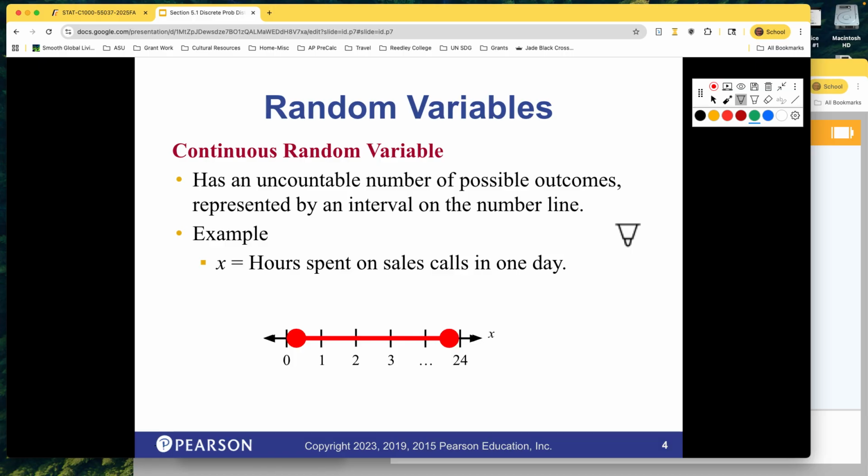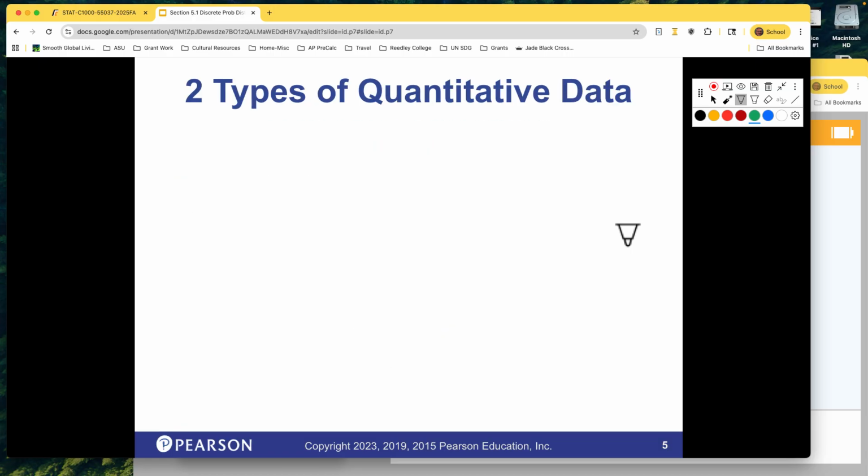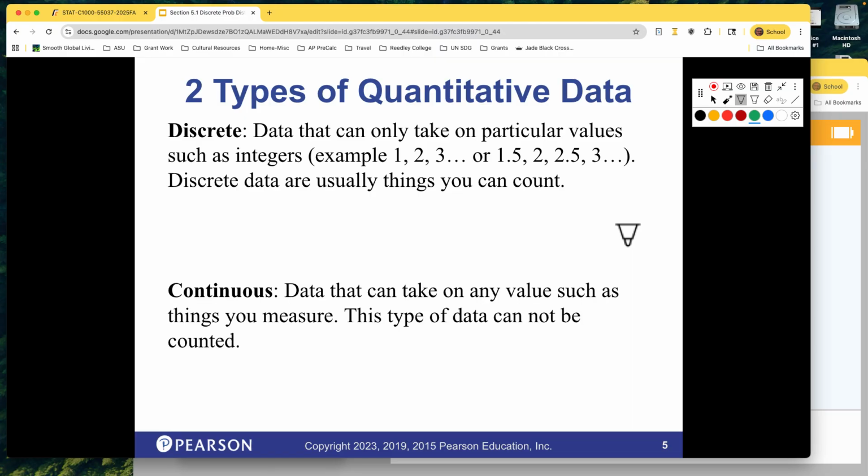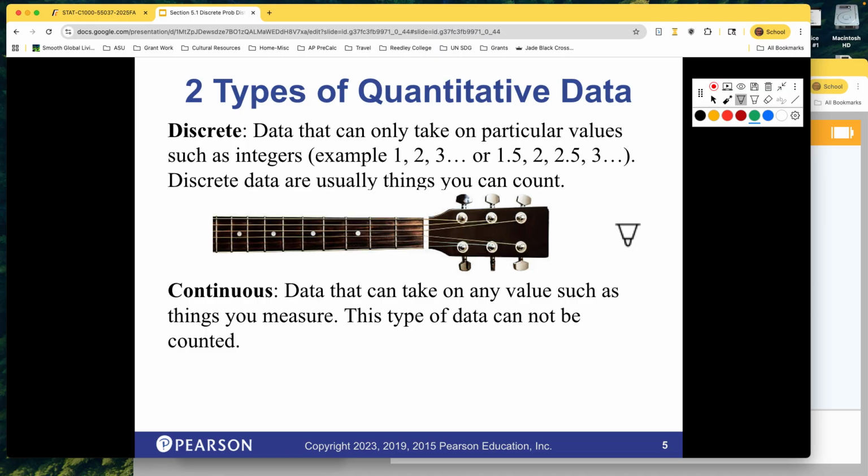I want to remind you, we're going to go back to this one. The slide is just, we've seen this before. Remember, discrete is 1, 2, 3, 4, 5, and continuous is any value in between. As a musical example, the fretted guitar is discrete. You can just play the frets.